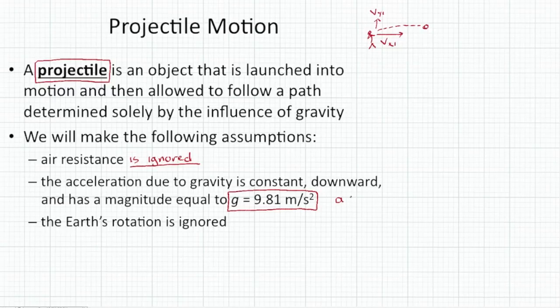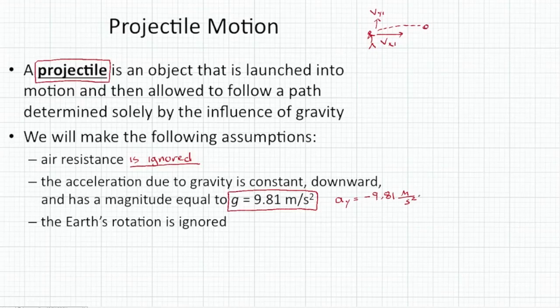We would say the acceleration of gravity in the y direction, we would probably write it as negative 9.81 meters per second squared, because if we call down negative, then it always pulls in the down y direction. So we would say that a is negative 9.81 meters per second squared.